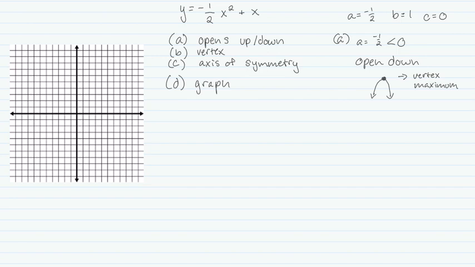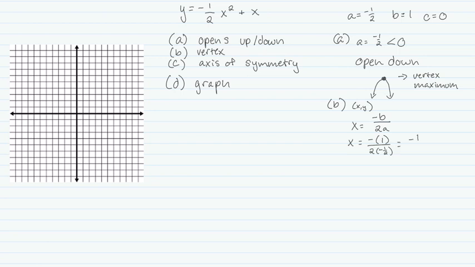Part B, we need to find the vertex. In order to find the vertex, which will be a point, I need to find my x value first. The formula for the x value is the opposite of b over 2a. So b was 1, so the opposite of 1 over 2 times -1/2.